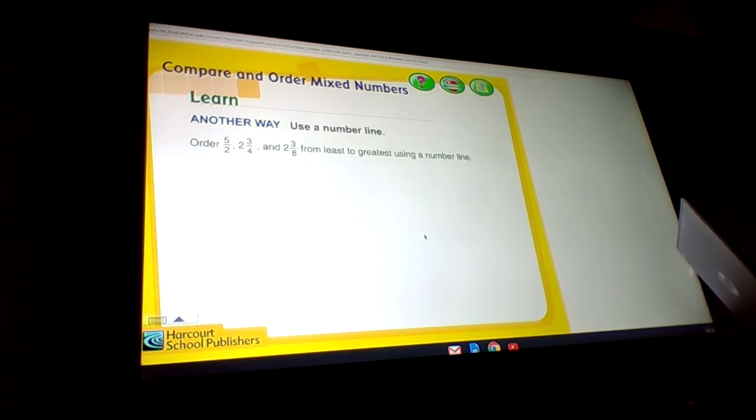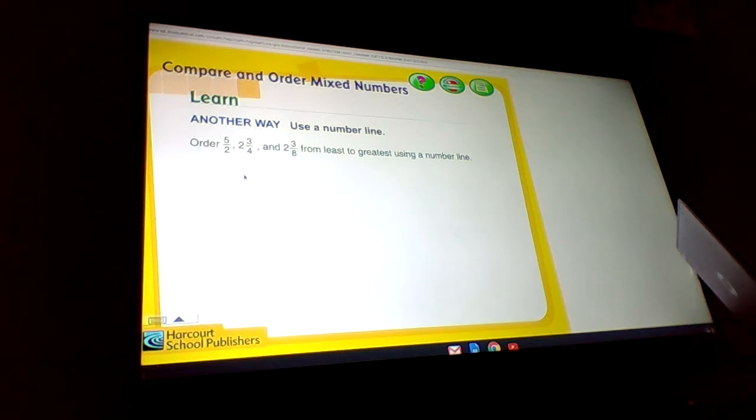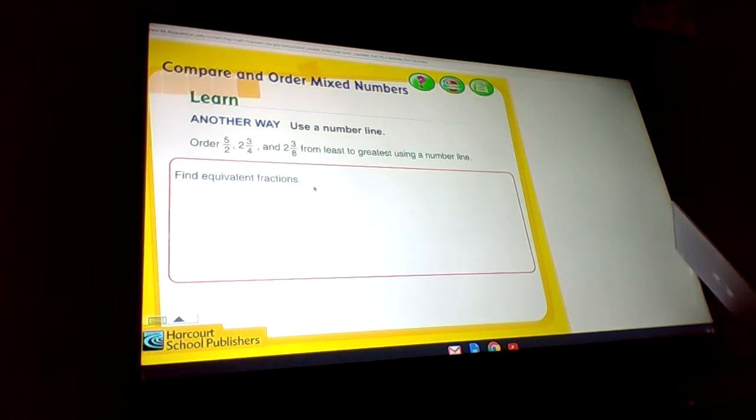Here's a number line. Oh my gosh, look what they're doing here. 5/2, 2 3/4, 2 3/8 from least to greatest using a number line. They're trying to be tricky with us and give us an improper fraction. So first you have to find equivalent fractions. What's that mean?